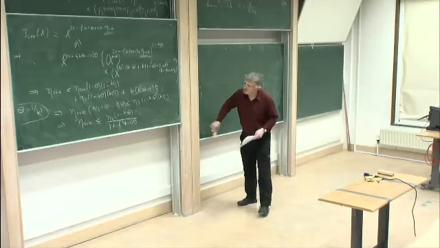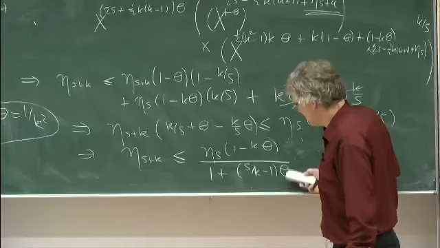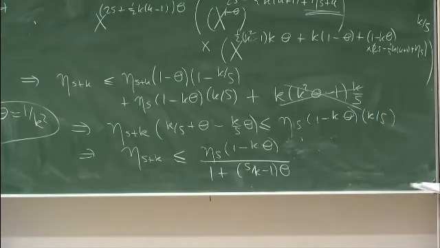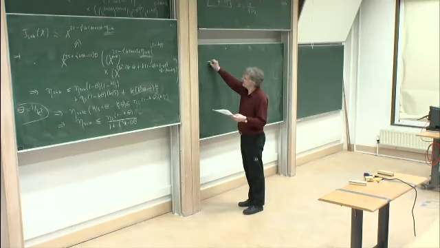And the point now is that we've diminished the naive estimate for this object by a factor of 1 plus s over k minus 1 theta. And theta was supposed to be 1 over k squared.